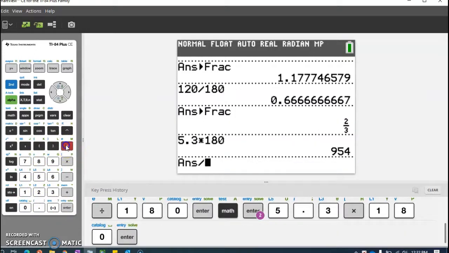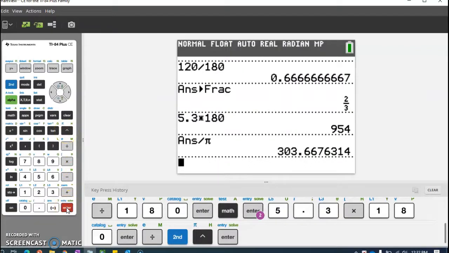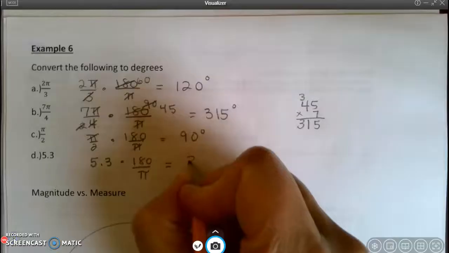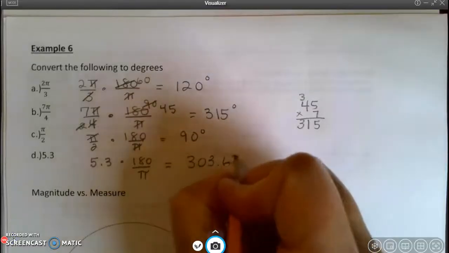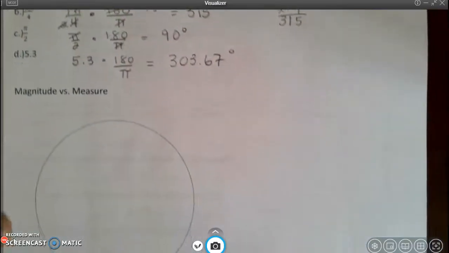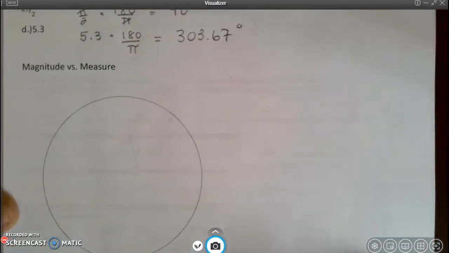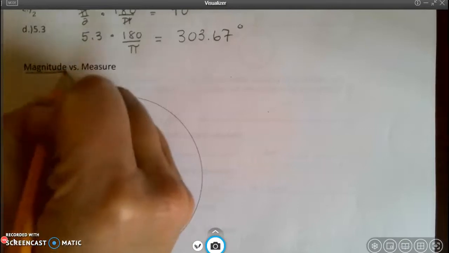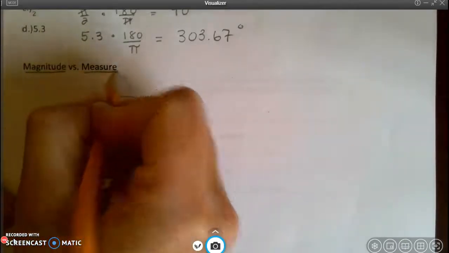And then I'm going to divide that answer by pi. And I get around 303.67 degrees.